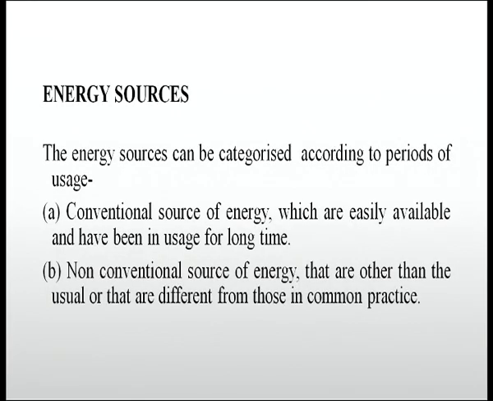The energy sources can be categorized according to periods of usage, which can be conventional sources of energy, which are easily available and have been in usage for a long time, or non-conventional sources of energy that are other than the usual or different from those in common practice.